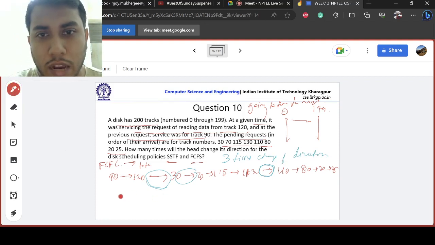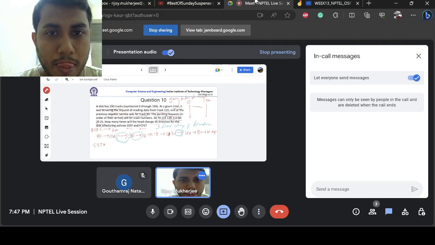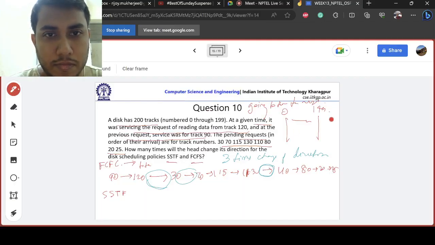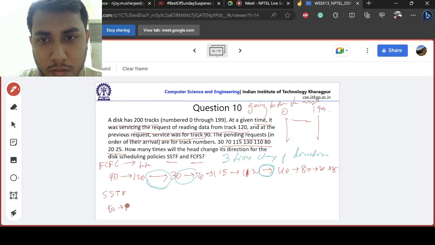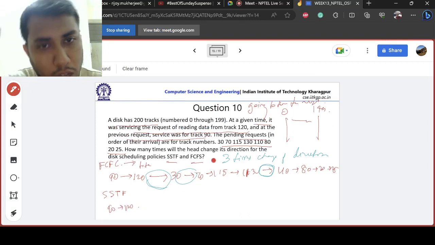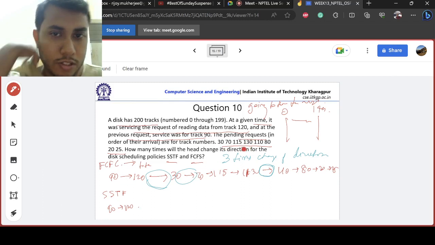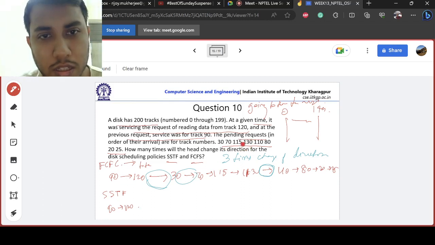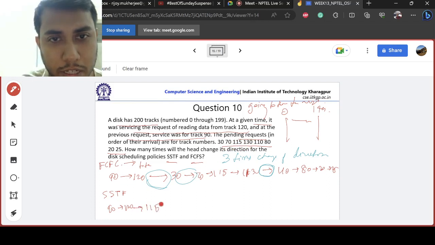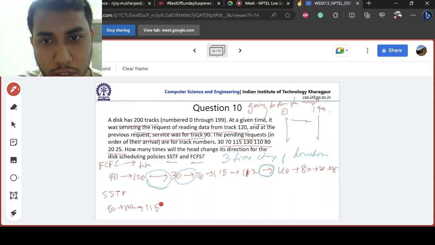Right. So now let's do the same for SSTF. So you are at 90, 120. Now, out of which of them will we go first? The nearest is basically 115, so it will go to 115, right? Then the nearest to 115 is 110, right?